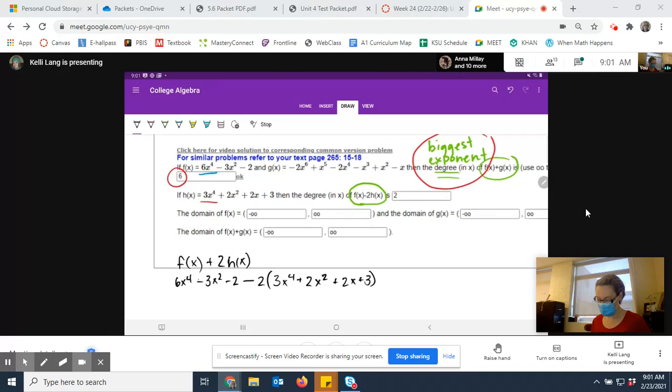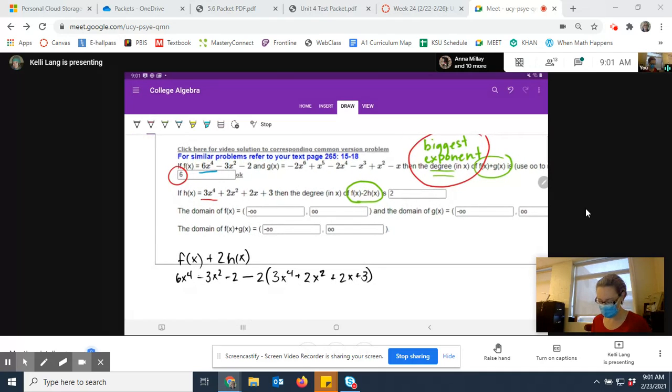I'm not going to write all of this out, but I do want to show you what's about to happen here. This 6x to the fourth and this negative 6x to the fourth are going to cancel each other out when we combine these two things together.